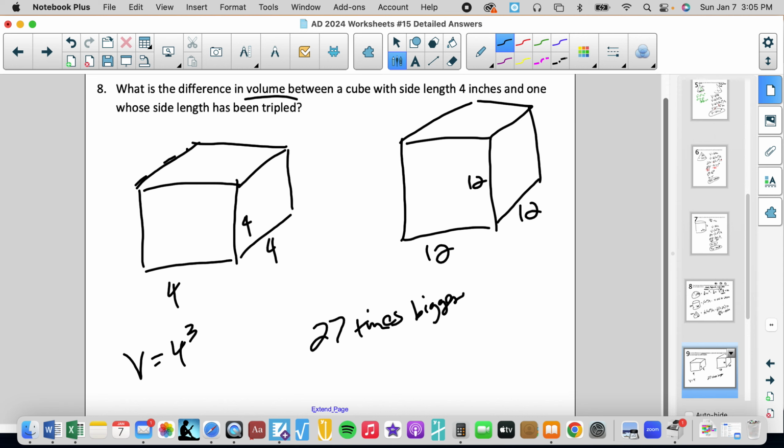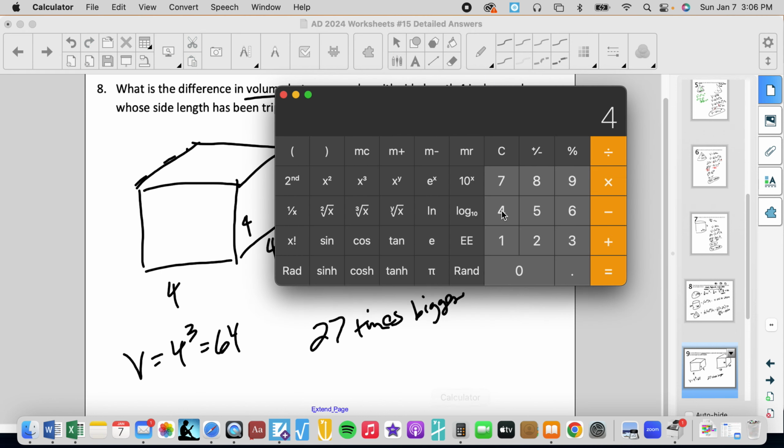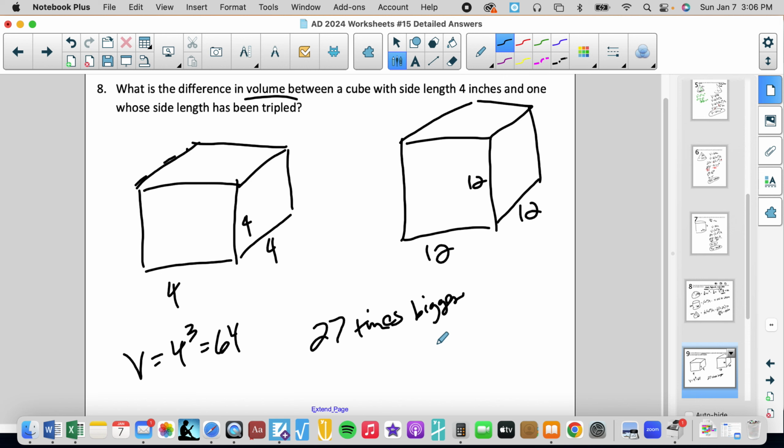So 4 cubed is 64, right? 4 cubed, 64. And then we have 12 cubed, which is 1728. So the volume of this is 1728 inches cubed, and I bet that's 27 times.